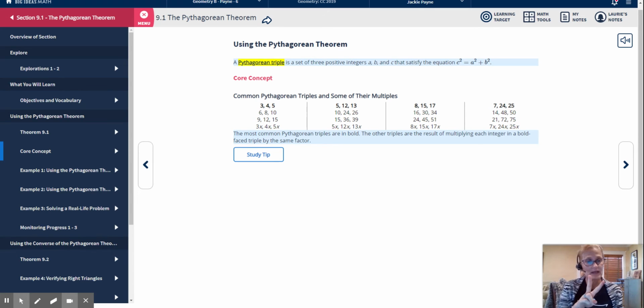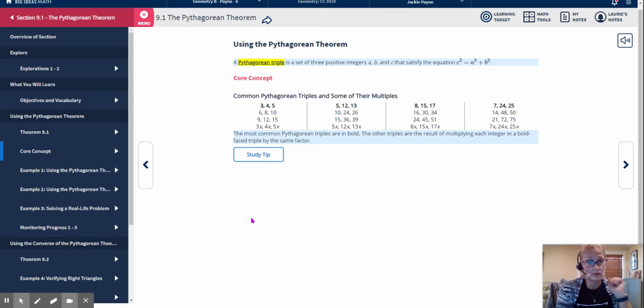If you have two legs that are 3 and 4, then the hypotenuse is 5. And so any multiple of a leg of 3, a leg of 4, and a hypotenuse of 5, you can figure out just by memorizing that triple. 5, 12, 13 is another one, 8, 15, 17, and 7, 24, 25.